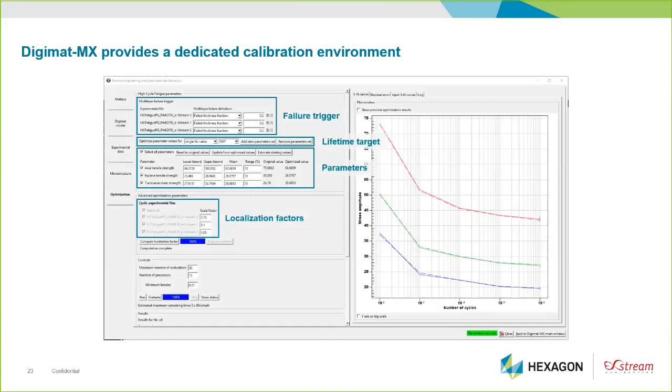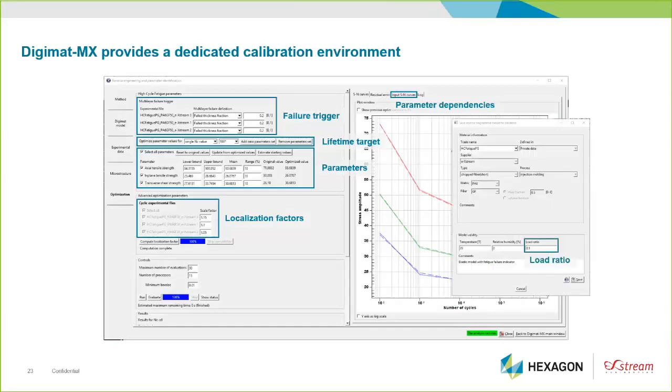It is automatically computed in the background in Digimat-MX for you. One additional thing you can find for this fatigue calibration is the parameter dependency tab on the right-hand side, so you can see the X, Y, and S parameter trends with respect to lifetime once you're done with calibration.